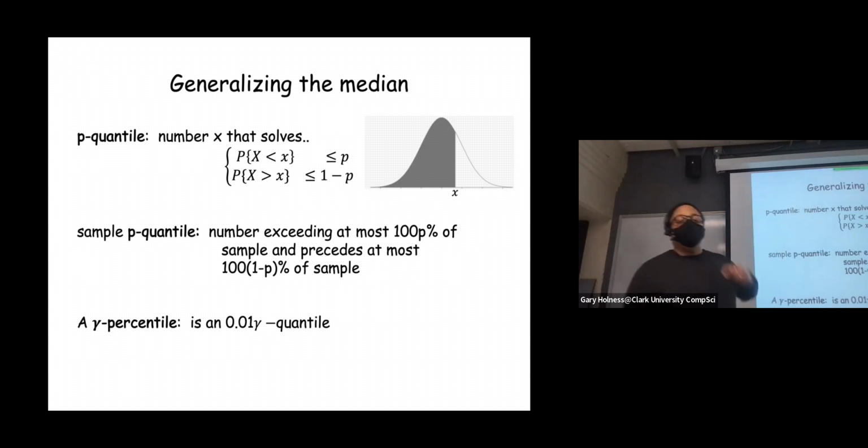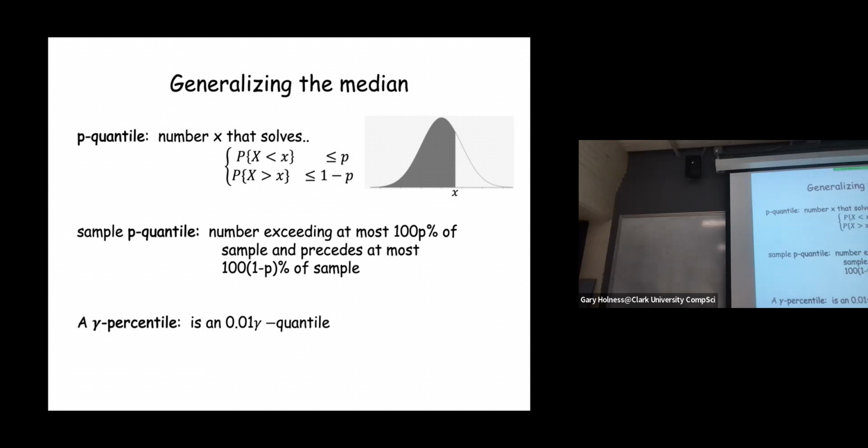A so-called P quantile corresponds to a point such that if you took the area under the curve up to that value for the probability, it's going to equal that proportion P. So if we had, for example, the 0.9 quantile, that would be a value such that the area under the curve up to it would be 0.9, 90% of all the probability. All right, so what does that mean?